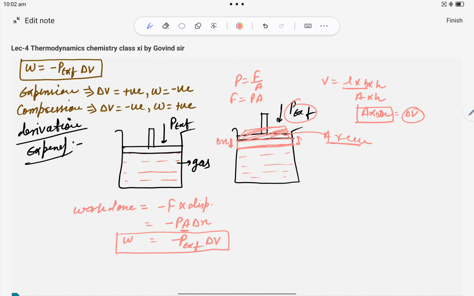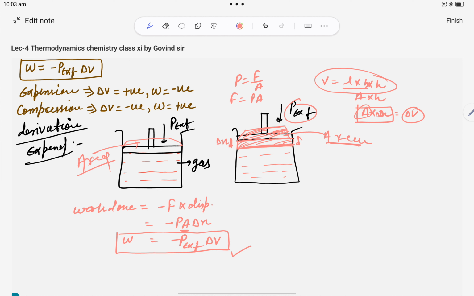The area is length into breadth, and volume is LBH. The area is already A, and the height increases by delta x, so A into delta x is delta V, the volume, and this formula is derived.